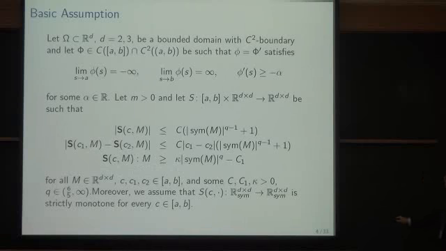Since we consider matrices, we use this notation, and this is bounded from below by the symmetric part of M to the power of q, with K a positive constant, and there is also some positive constant C1.